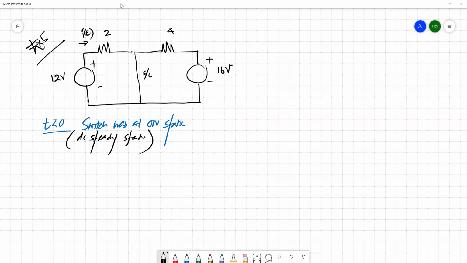But keep in mind there's an inductor here. But for the DC steady state, we can replace the inductor with a short circuit element. Now we can find the current flow through this inductor, which means the current flow through this branch. How do you find the current flow?